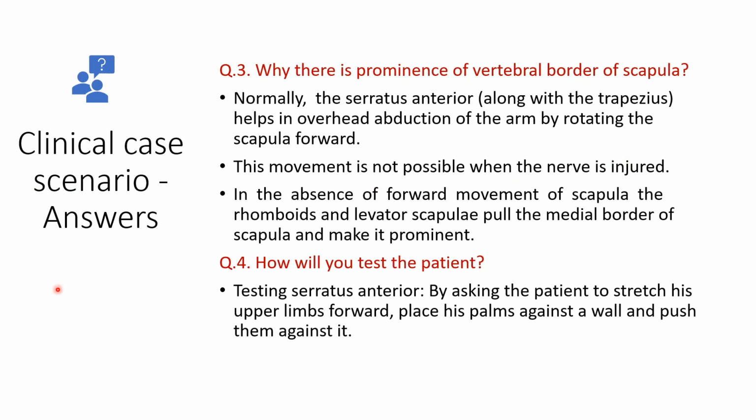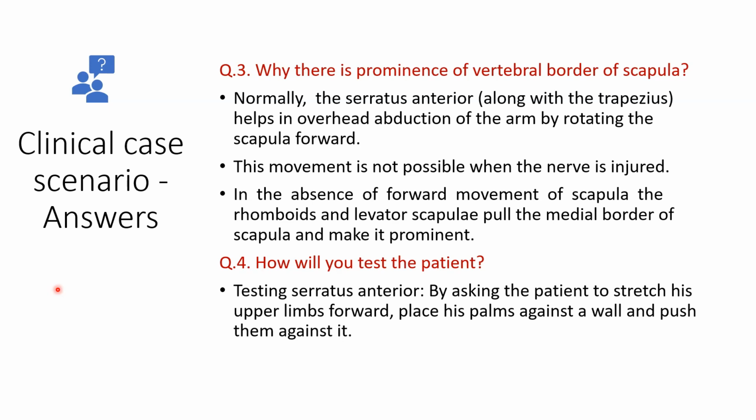In the absence of forward movement of scapula, the rhomboids and levator scapulae muscles, which are attached along the dorsal aspect of the medial border of scapula, pull the medial border and make it prominent.